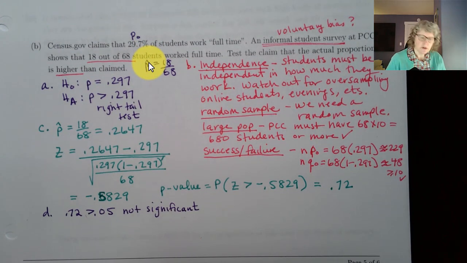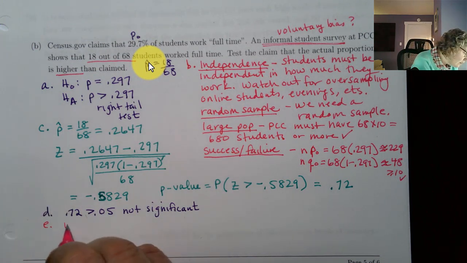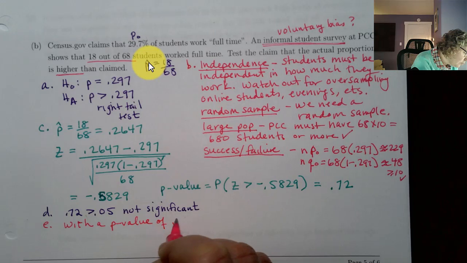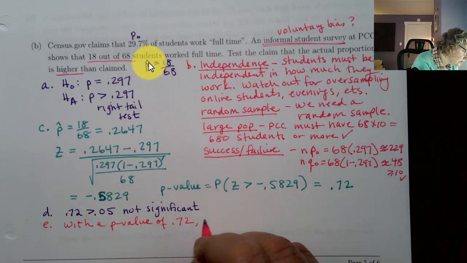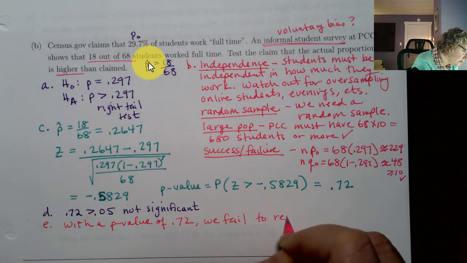Okay, we write our conclusion, which is E, with a p-value of 0.72, we fail to reject the null.